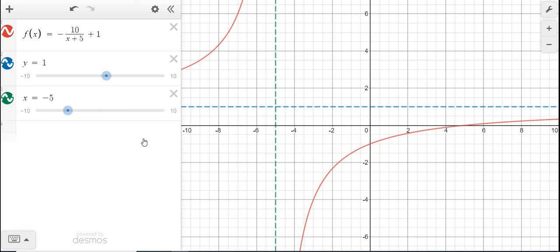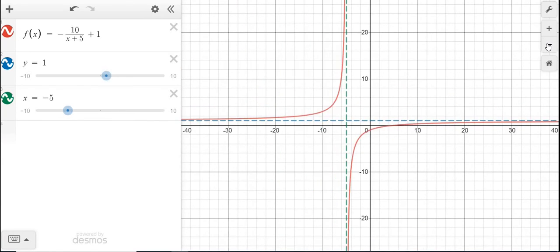And then if we zoom out, we see that that is indeed the horizontal asymptote. Okay, so this rational function, by doing polynomial long division, we see that it is essentially just a series of transformations of the original parent function 1 over x.